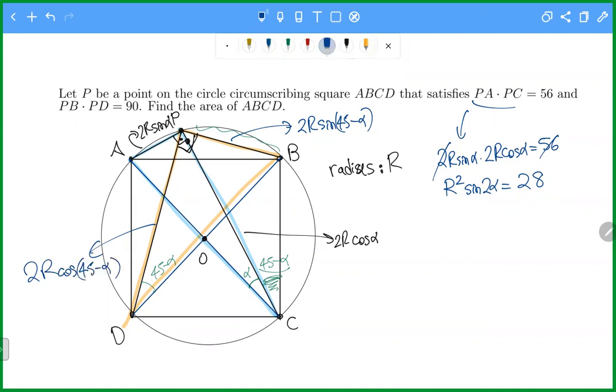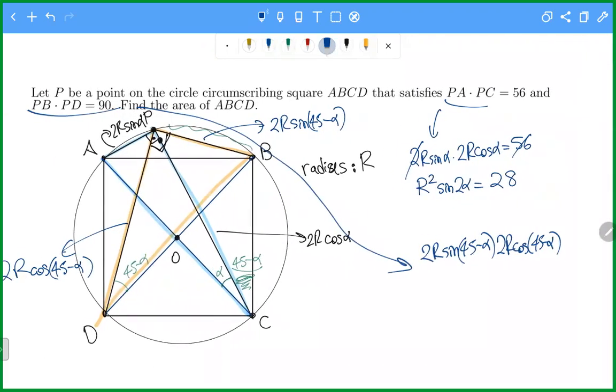Okay. Now, this equation can be written as 2R sine 45 minus alpha times 2R cosine 45 minus alpha equals 90.